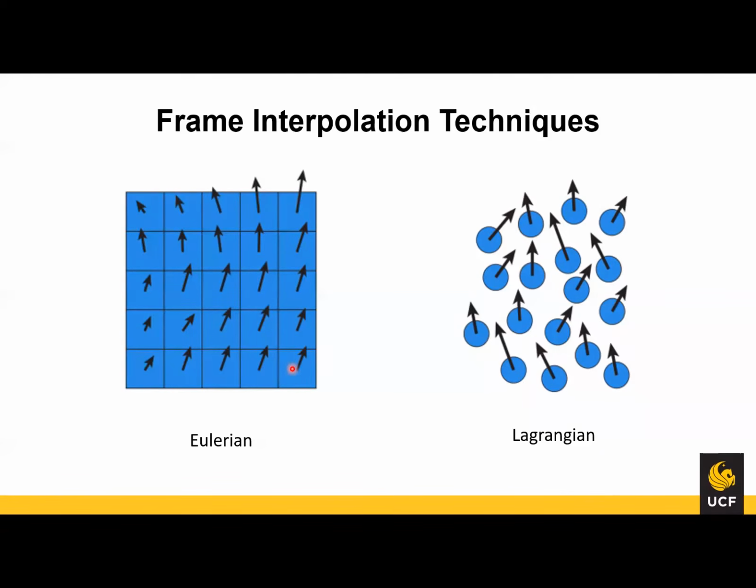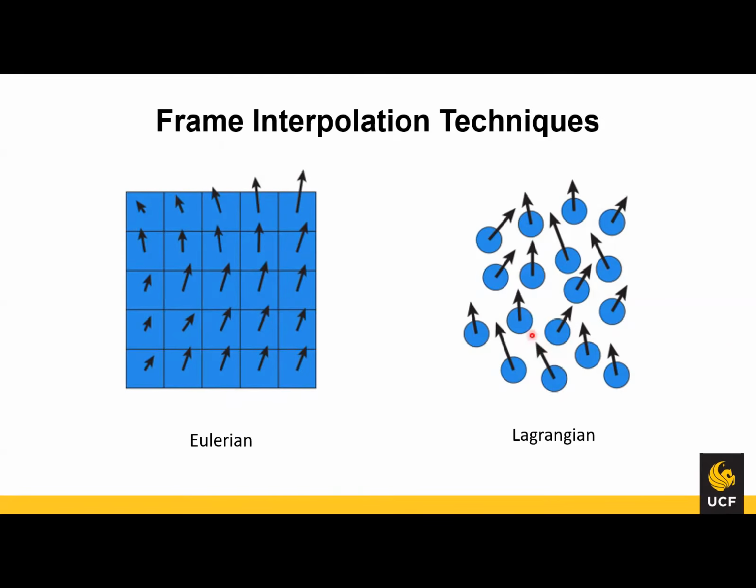What are the issues with Eulerian? Well, you're using a grid-based implementation, and this could cause numerical diffusion, also known as blurring. And what are the benefits of Lagrangian? Well, it's resolution independent, so you could have high resolution transitions between pixels, and it also provides fluid motion.